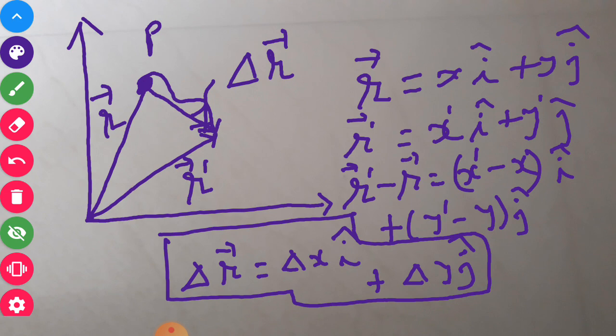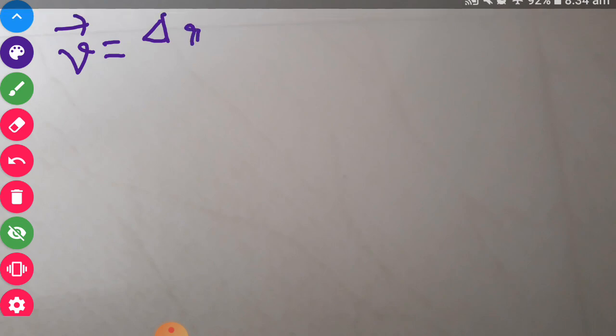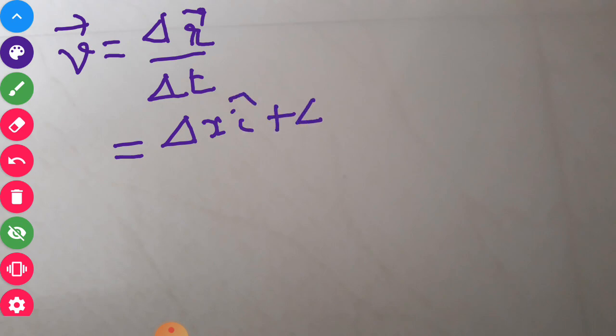Now we have this formula of velocity. Average velocity is change in position, delta r upon delta t. Instead of delta r we can write delta x i cap plus delta y j cap upon delta t.